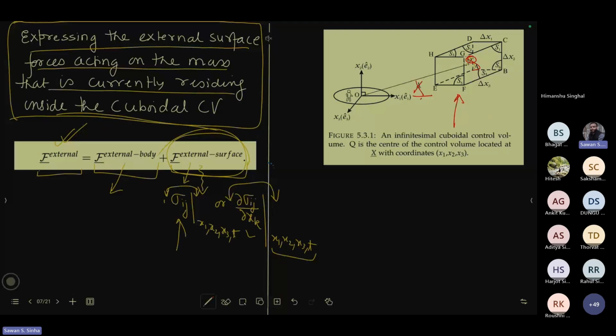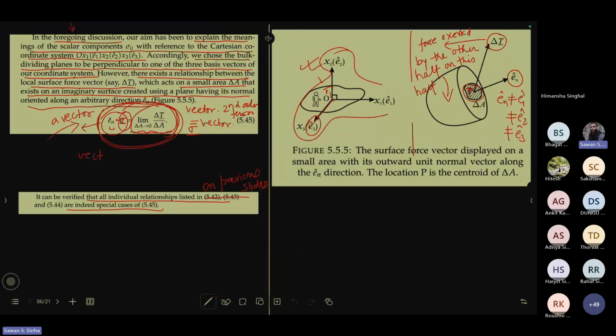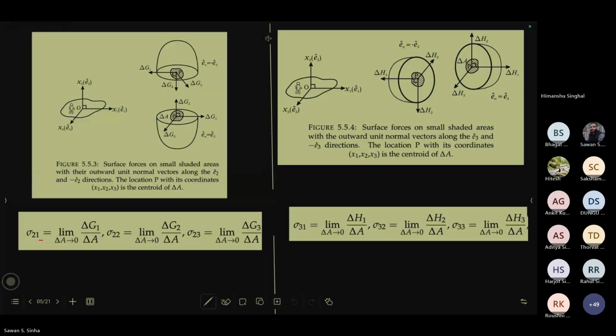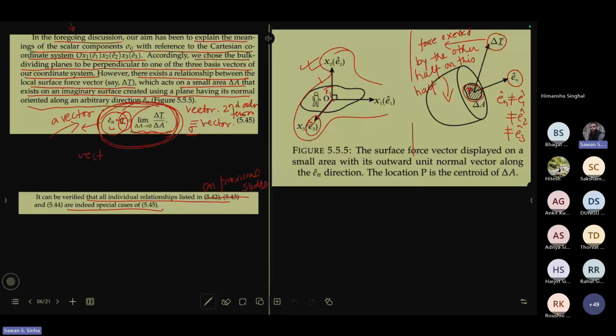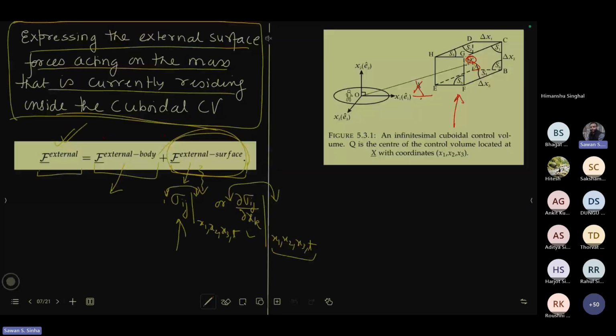Whereas when I was defining the stress tensor, pay attention, I was giving x as the position vector to point P, which is an arbitrarily chosen point in the bulk of the fluid, and I was trying to define the stress tensor at a point. So the meaning of x on this slide is different from the meaning of x on this slide.